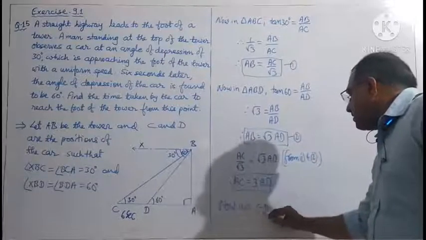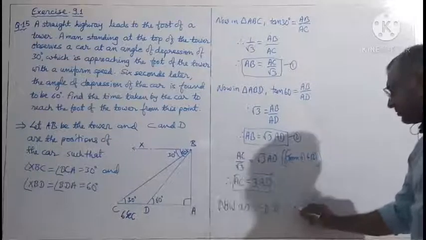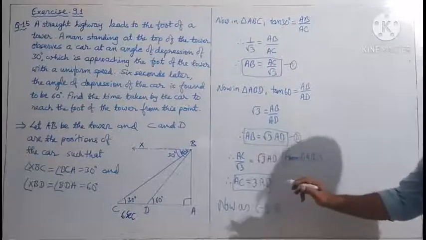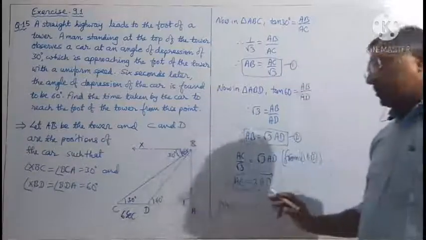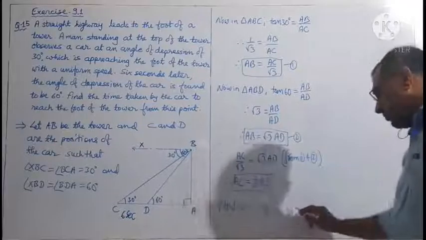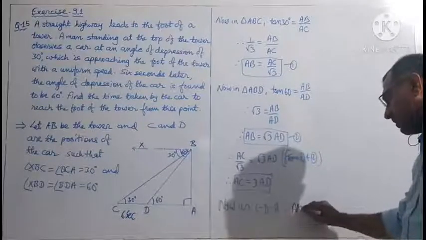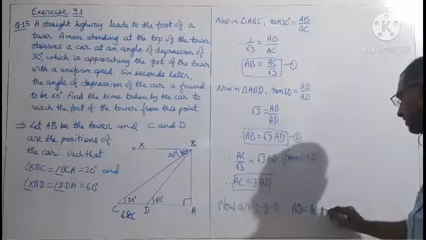Now as C, D, A are on a line, AC is equal to AD plus CD, so AD is equal to AC minus CD.